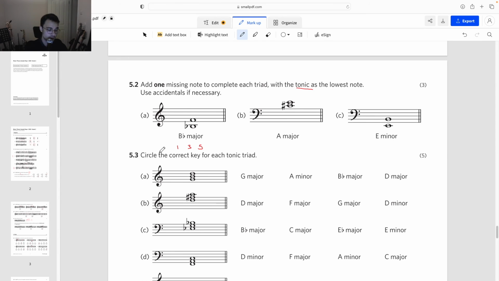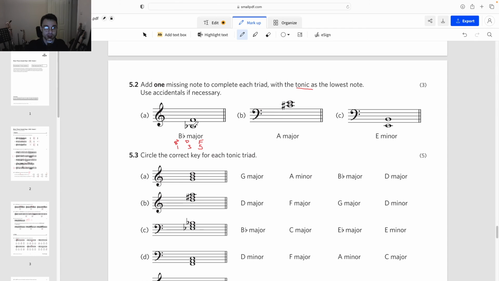And we're going to count the notes in the B flat major scale and pick out notes 1, which is B flat, 3, D, and 5, F: B flat, D, F. These are the notes we need to build a B flat major triad.